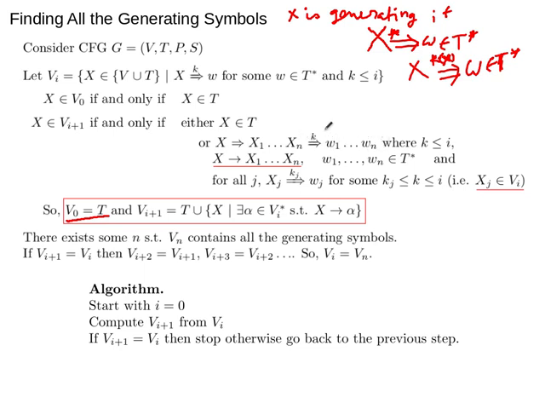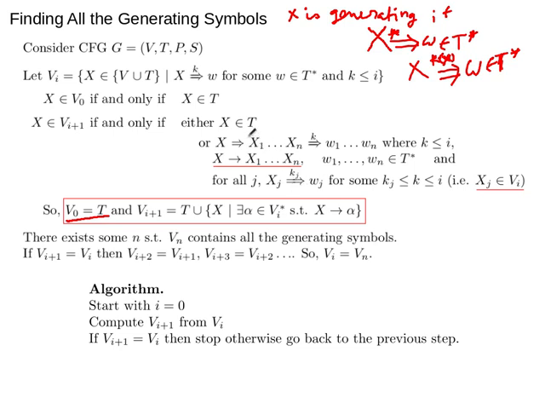But going to terminals means that x1 up to xn go to w1 up to wn, and these are over terminals. That means x1 goes to w1, x2 goes to w2. Okay, so individually xj goes to wj.